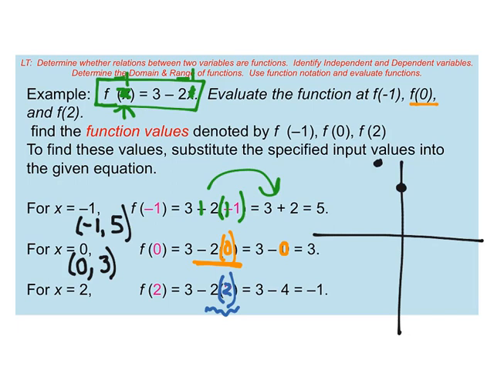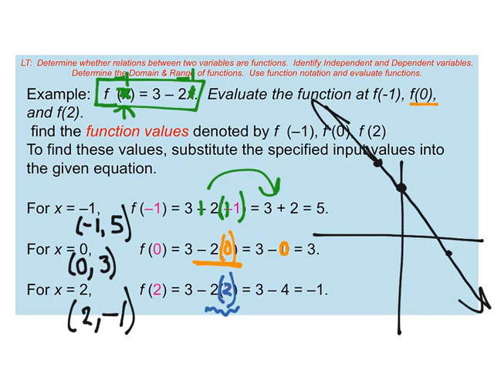Okay. And then lastly, when x is 2, f of x, or my y value, is -1. And so we're kind of way over here. You can kind of see through this graph, again, it's just a rough sketch, but even with that rough sketch, you can see how this makes a linear equation, which is exactly what we were given in 3 minus 2x.